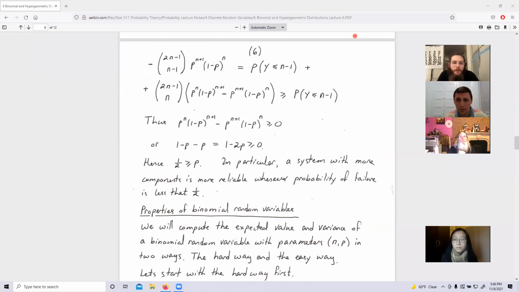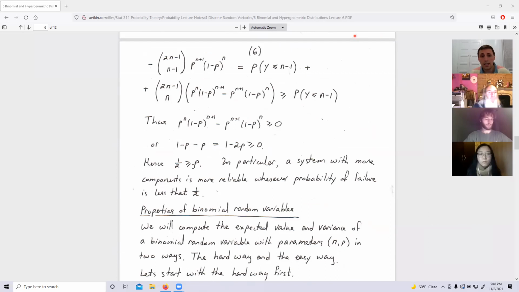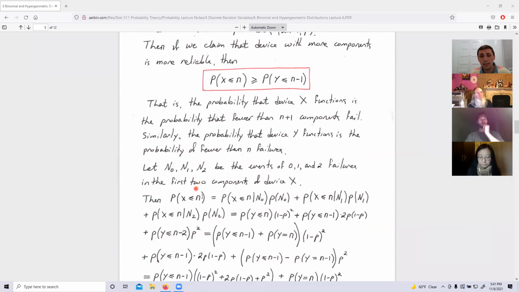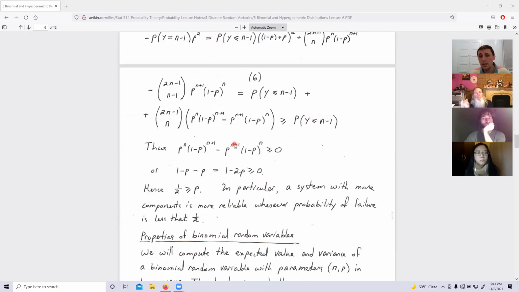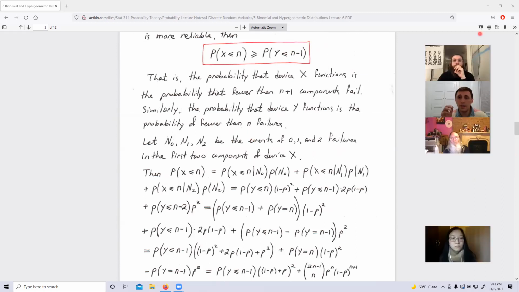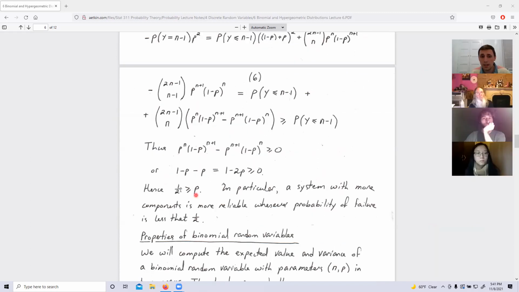By carrying out this comparison, we realized that the probability that fewer than n propellers fail in a system that has 2n plus 1 propellers is higher than the probability that n minus 1 propellers fail in a system that has 2n minus 1 propellers, as long as the answer is near 1/2.